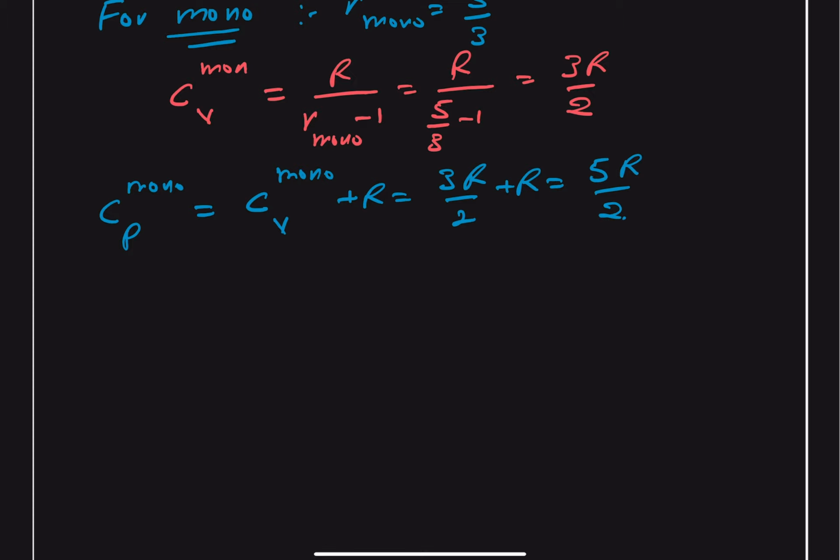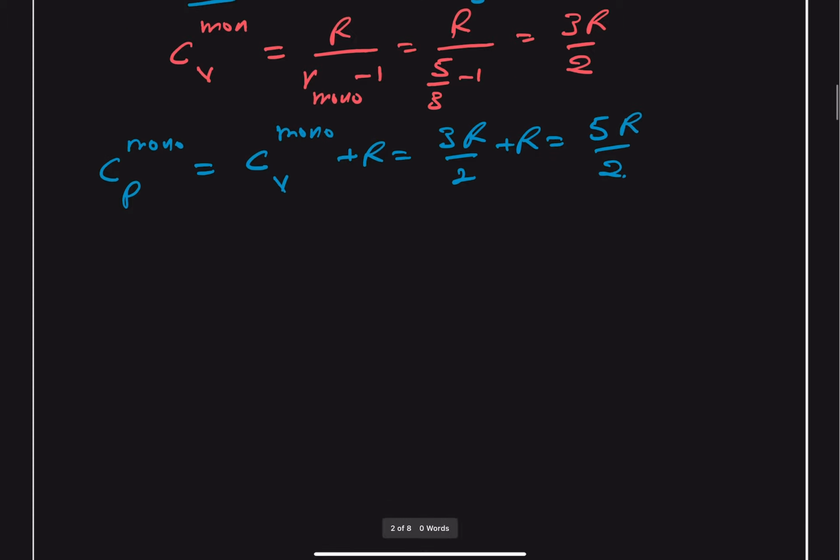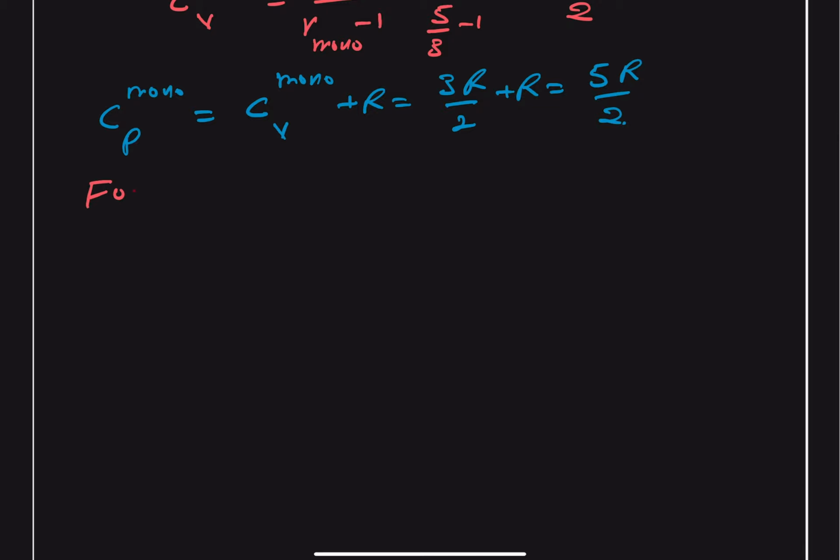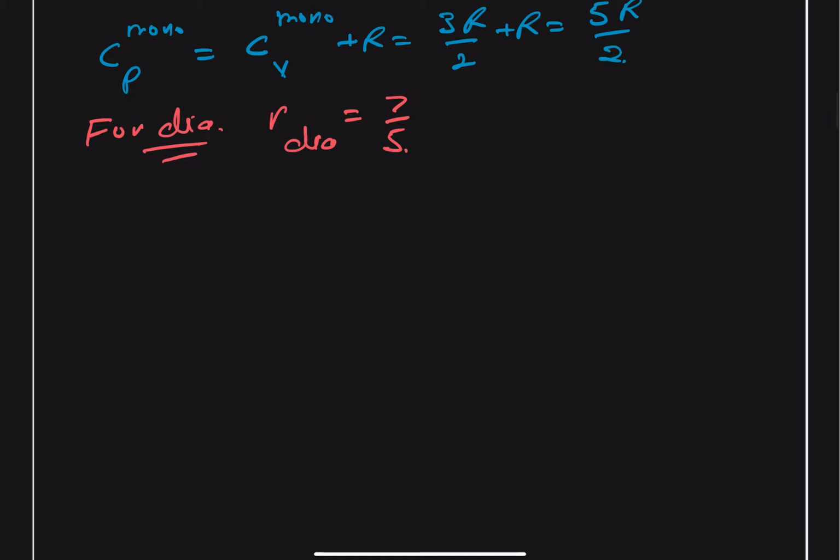Similarly, we calculate for diatomic. Gamma for diatomic is given as 7/5, and similarly Cv for diatomic will be equal to R divided by (gamma diatomic minus 1). So this comes R divided by (7/5 minus 1), and this comes as 5R divided by 2.